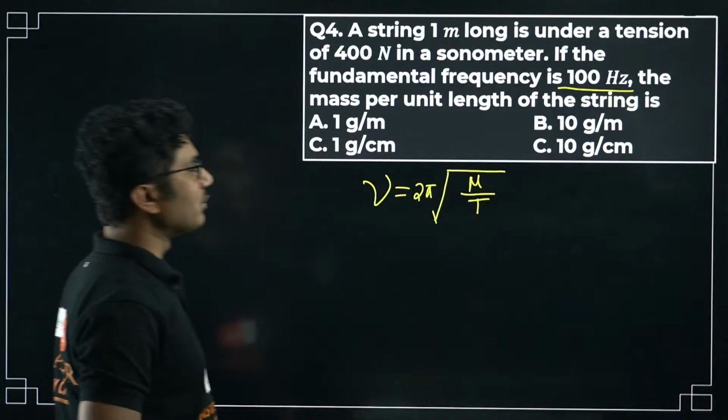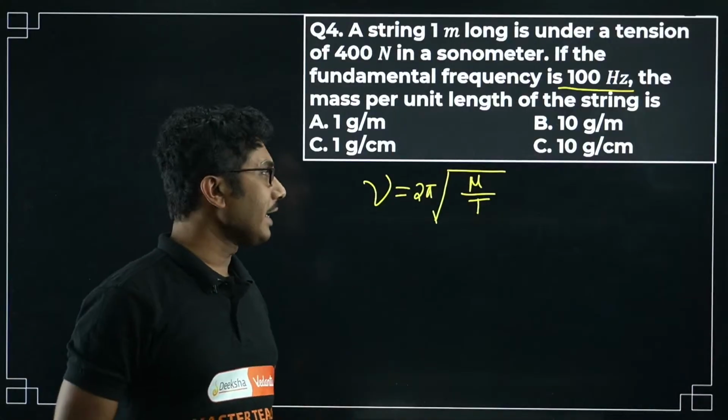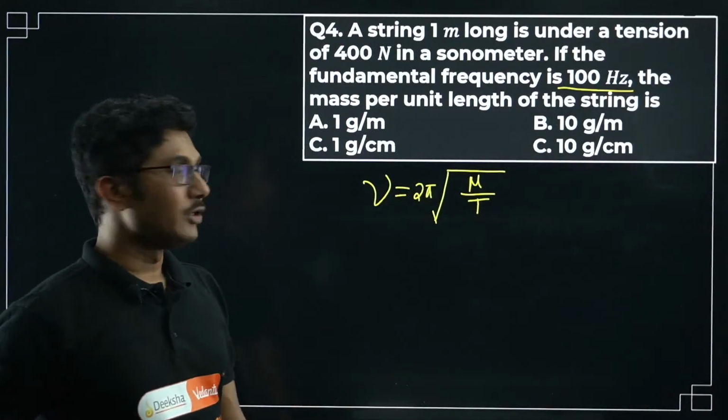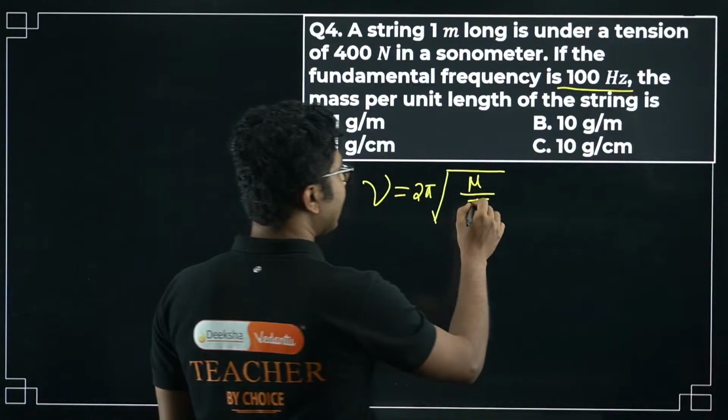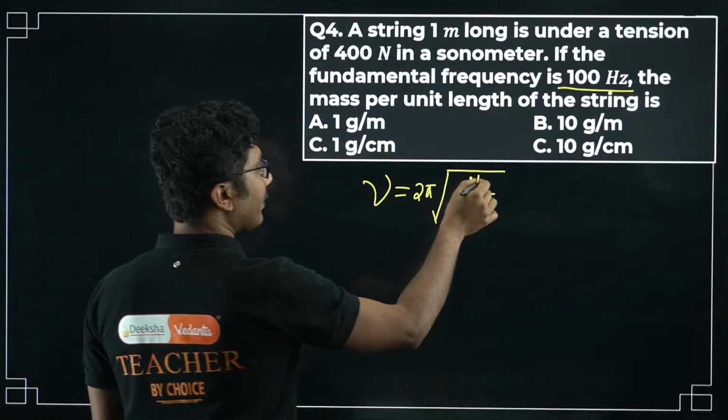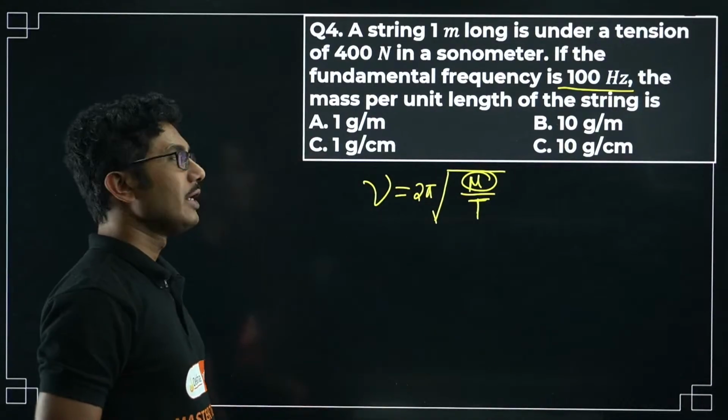So this is the formula, right? Frequency equals 2 pi mu by T. Mu is the mass per unit length and T is the tension, right?